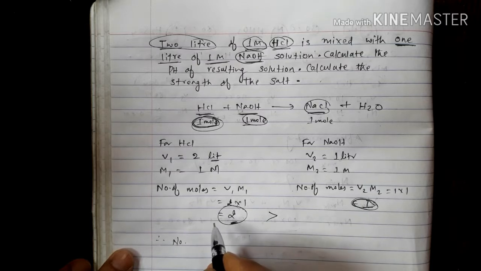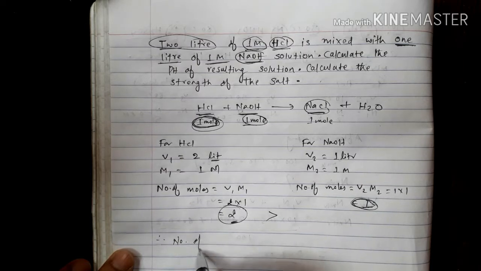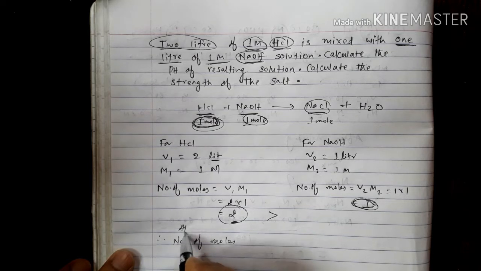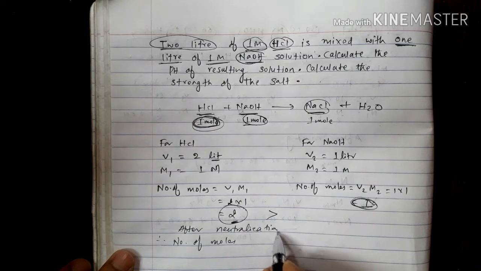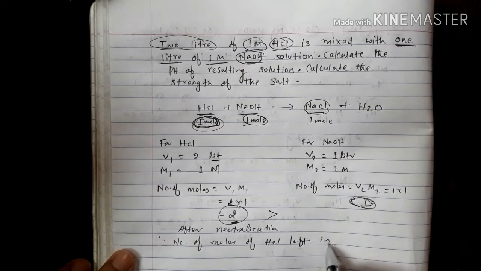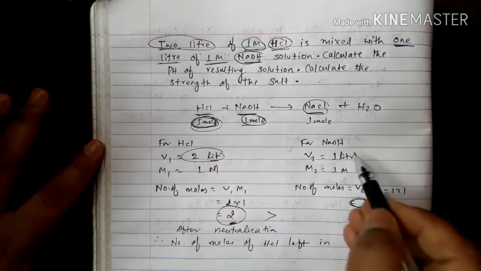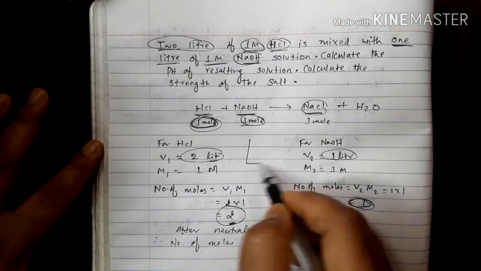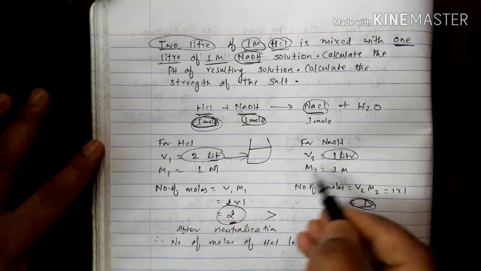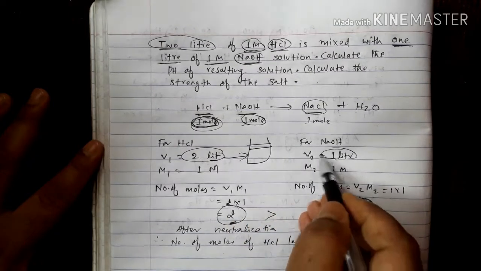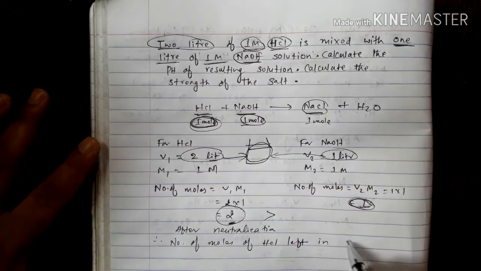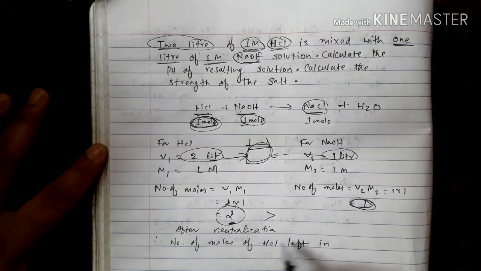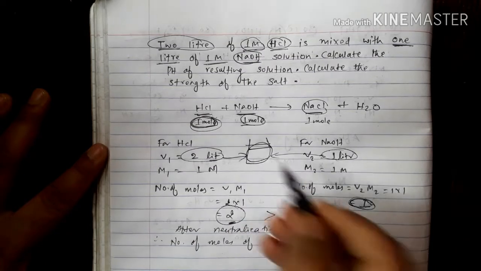After neutralization, the number of moles of HCl left when 2 liter HCl and 1 liter NaOH are added: the volume becomes 3 liter, and 1 mole of HCl is left in 3 liter.